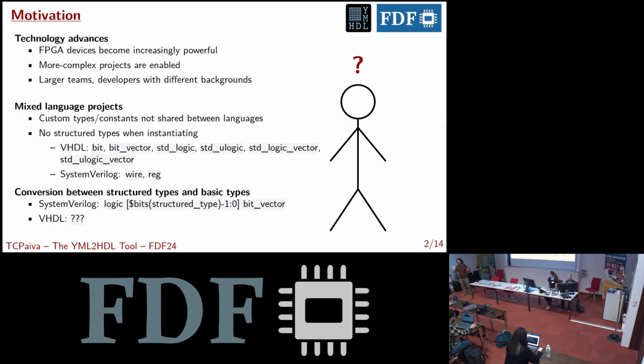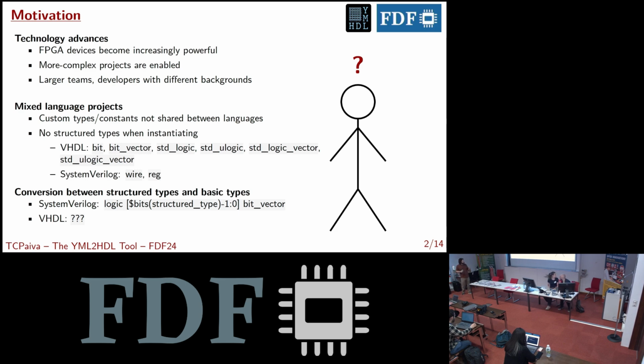And so you have the custom type on both sides, in VHDL and SystemVerilog, and you will apply that. What happens? If you have a custom type, like a structured type, you have to convert it to bit vector. For SystemVerilog, it's kind of easy.